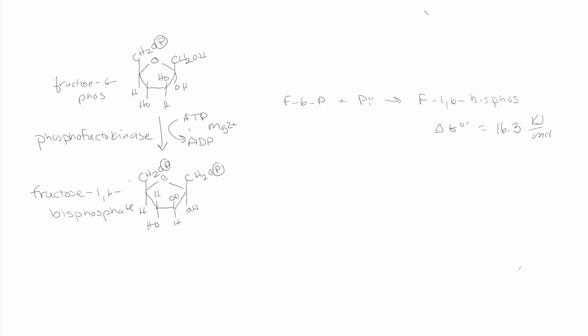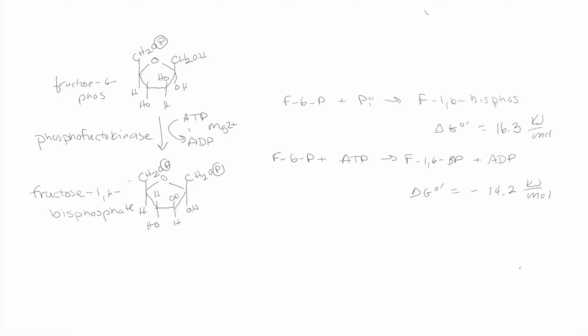So if we couple this to ATP, versus just inorganic phosphate, producing ADP, this coupled process has a delta G of negative 14.2 kilojoules per mole.